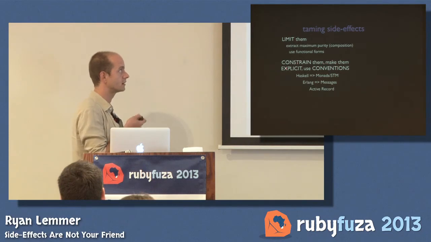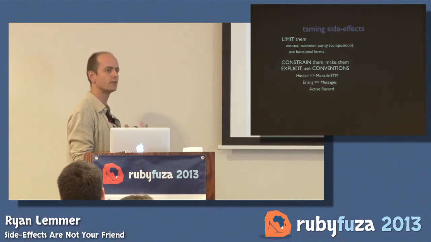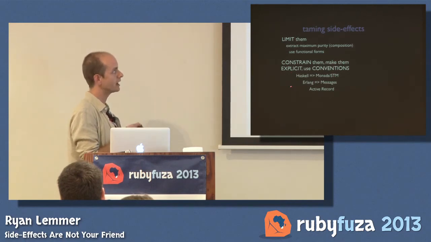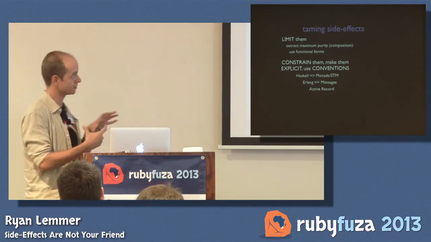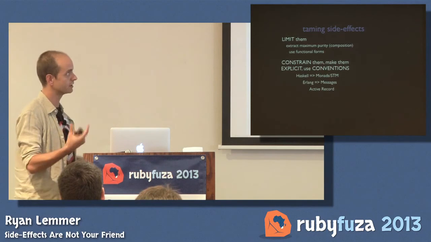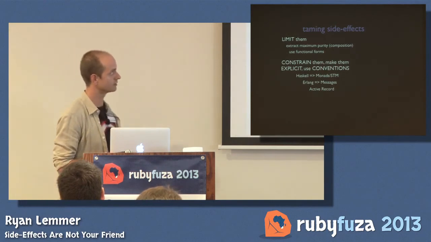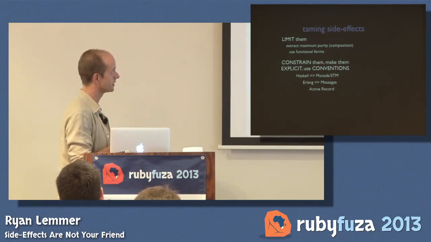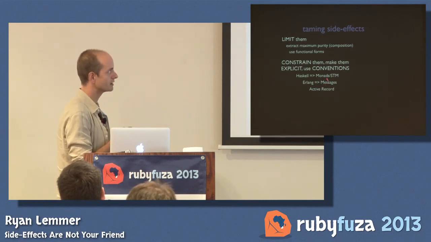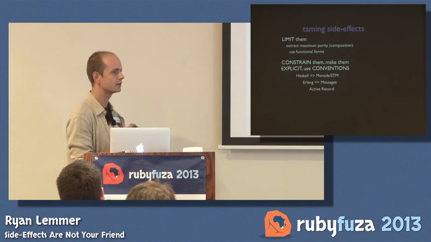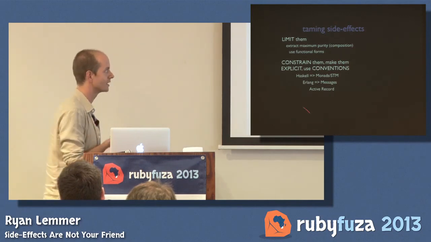They're just constrained. They've made them very explicit. And there's also a sense of conventions around using them. In Erlang, you have a similar thing where your side effects are limited to messaging between immutable objects or values. So they're there. The side effects are everywhere. And the issue is, what do you do with them? How do you structure them? How do you tame them?